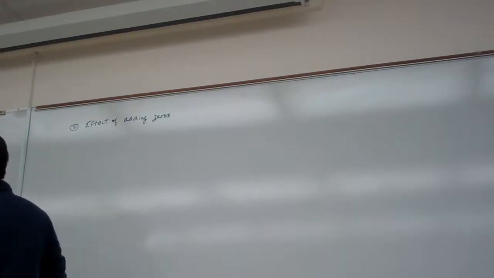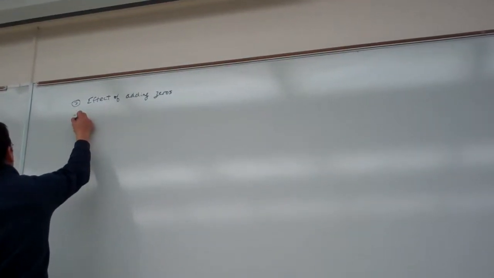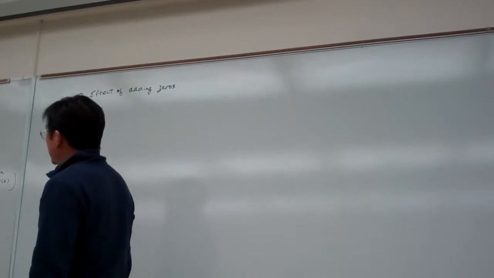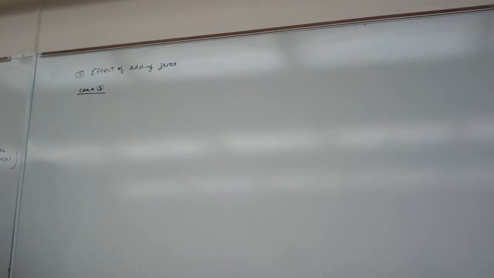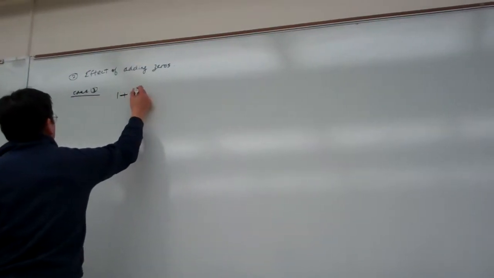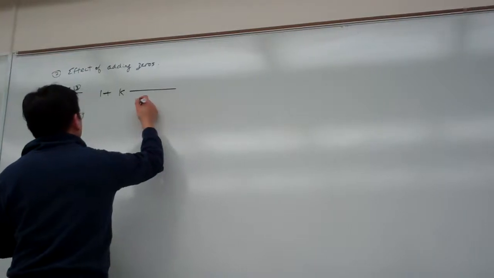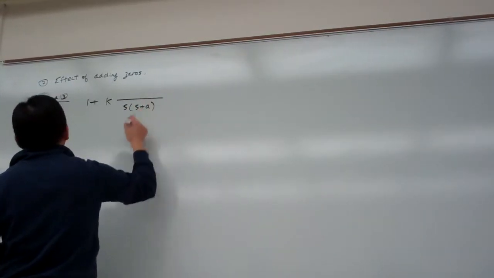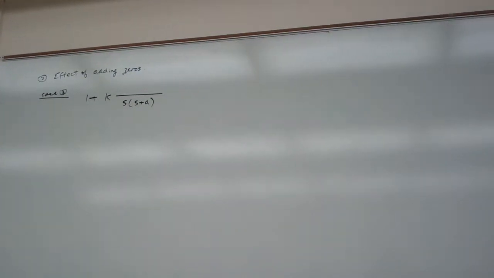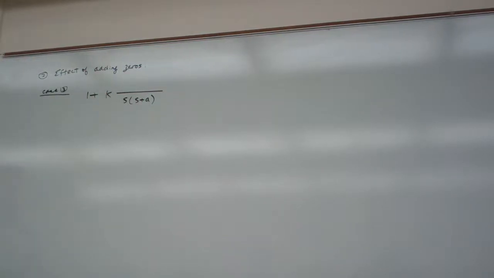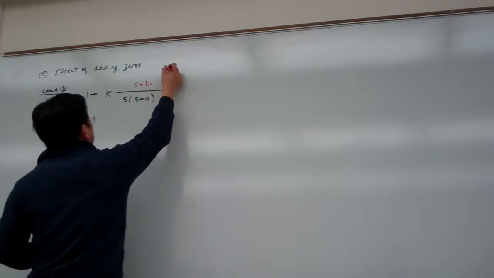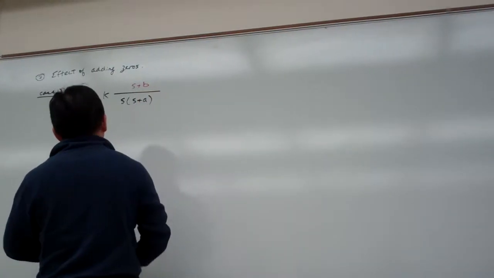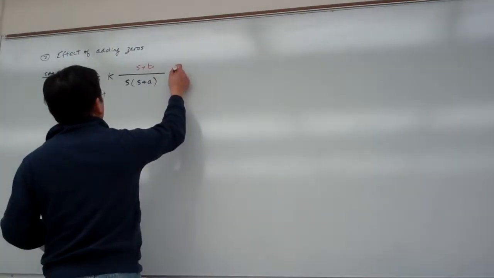Here, using the same example, let me do case 3. So this one, I think we compare to our original, and this is case 2 adding. So case 3 is 1 plus k over s plus a, and here we have the 0, so that is s plus b, equal to 0.